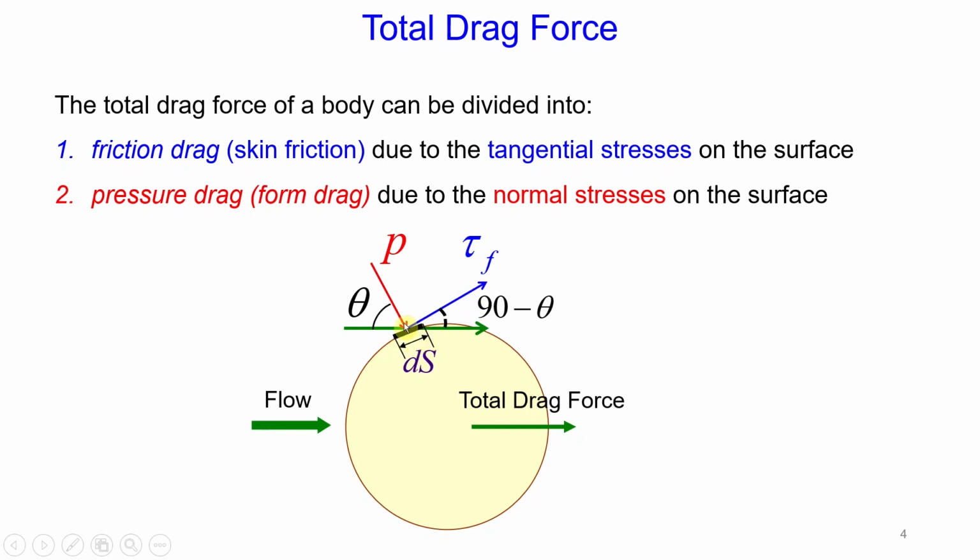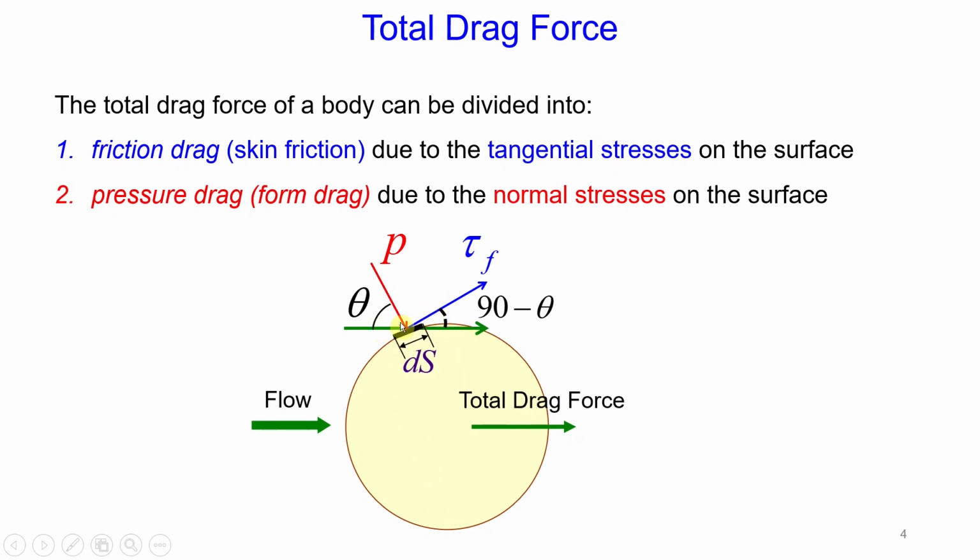And we also have pressure drag due to normal stresses, normal stresses perpendicular. So P is our pressure. Pressure, P, per unit area is in the perpendicular direction. So to find the total drag force, we need to add those two components.